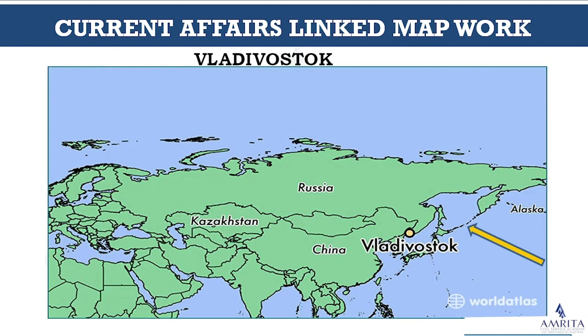Next one is Vladivostok. It is one of the famous ports in the far east of Russia. This port was recently in news as Indian Prime Minister visited Vladivostok for 2-day summit, and there is a long transportation connectivity between this Vladivostok and Moscow, that is Trans-Siberian Railway, one of the longest railway lines in the world, more than 9,000 kilometers. You can see that yellow marking, that is Kuril Islands.